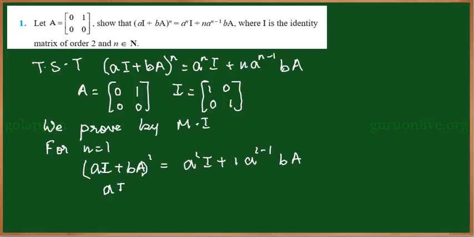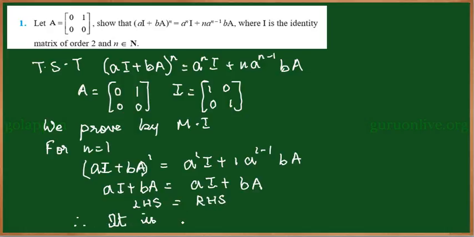So aI + bA equals aI plus a^(1-1), and 1 minus 1 is 0. Anything to the power 0 is 1, and 1 into bA is bA itself. So we got LHS equal to RHS. Therefore it is true for n equal to 1.